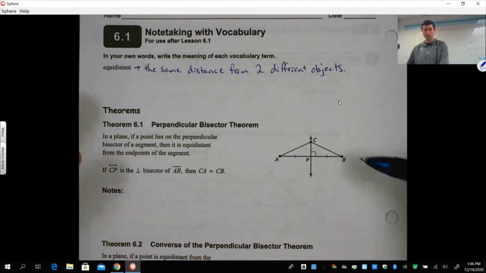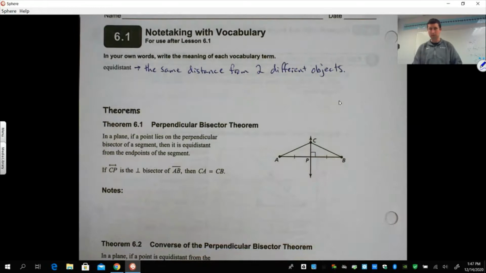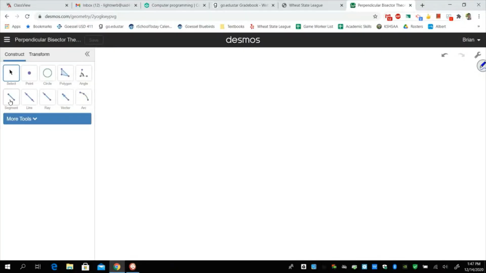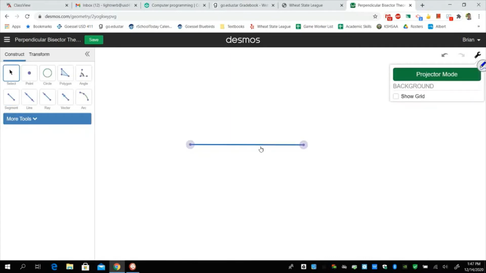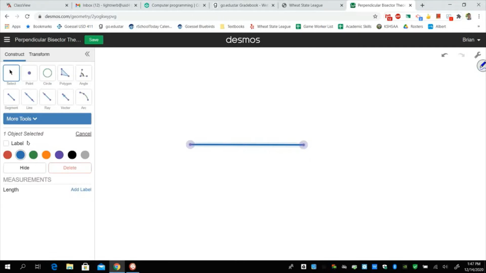This is the first one we're going to look at, the perpendicular bisector theorem, and we're going to make that diagram over here, so you get to watch me do the whole thing. You can definitely practice on your own. I'm going to make a segment, and I want to find the midpoint of that segment. Hey, there it is, under More Tools.